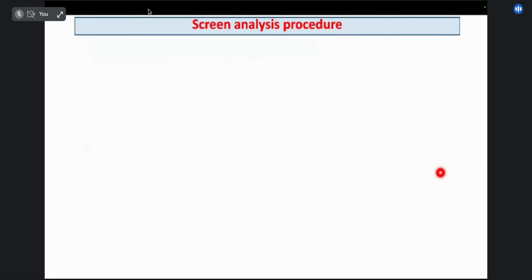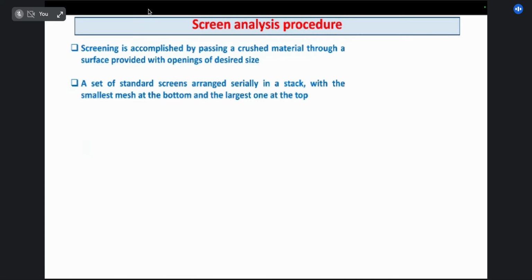Now, the screen analysis procedure. What is the procedure? Maybe you all went through this procedure, and sir explained it very well. Now we just revisit it to understand why we are using a particular procedure for screening and how it can be helpful for solving examples. Screening is accomplished by passing crushed material onto a surface provided with openings of desired sizes.